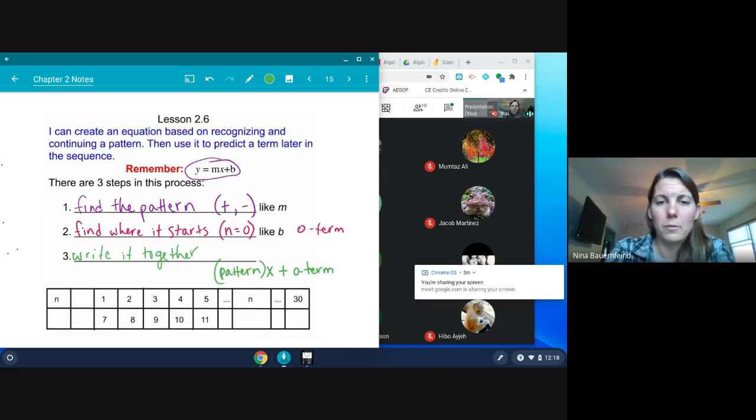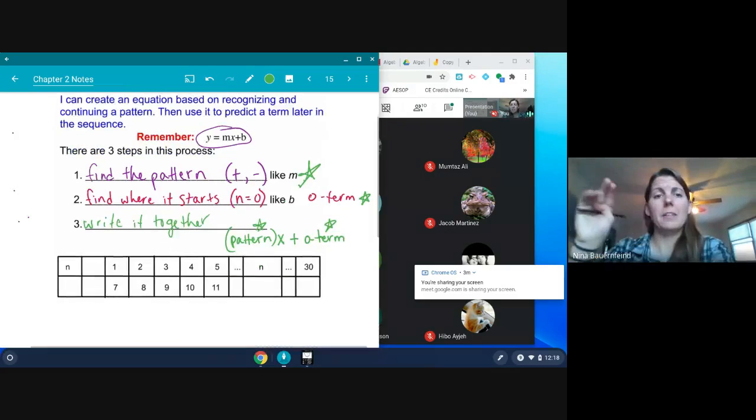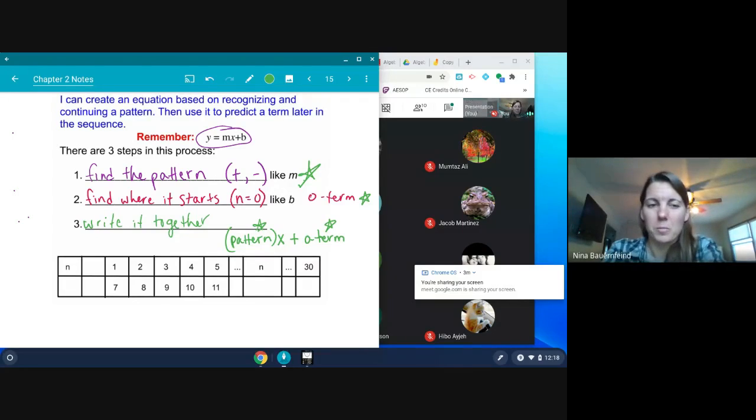So we take whatever we find for the pattern here, put it in front of x, and then we add or subtract whatever the 0 term is on the end. So we'll look through some examples, but that's basically what it is: you find the pattern, see where it starts, put it together, and then we'll use it to find other numbers in the sequence.